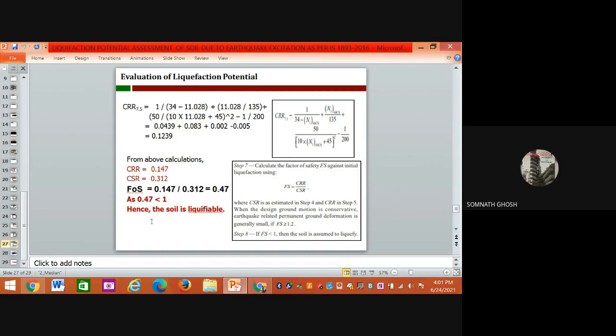Don't think that it is nothing, that it is given but we will not follow. That is the attitude of some engineers. No, don't do that. Please apply these IS code recommendations regarding liquefaction potential, and accordingly find out the capacity of the pile, or if it is applicable for the bearing capacity calculation, do that. Right? There is no other choice.